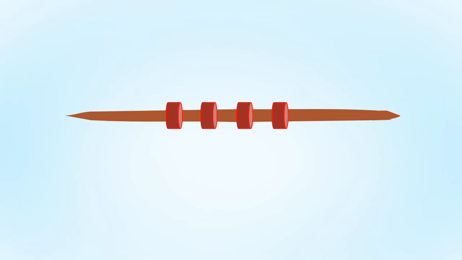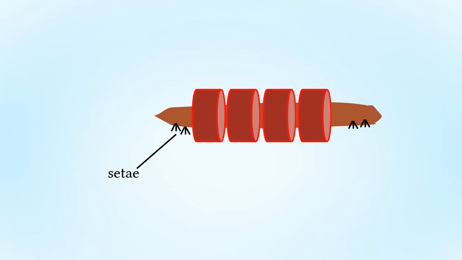In order to move, the earthworm uses two muscle groups that are in layers. One group, the circular layer, consists of muscles that constrict to make the worm long and thin. The other group, the longitudinal layer, constricts to make the earthworm short and thick. The earthworm uses these two muscle groups along with small bristles on the outside of its body called setae.